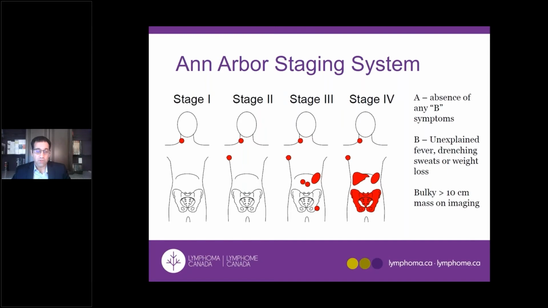If there is only one lymph node group on one side of the diaphragm, either above or below, we consider this stage 1. If we have two groups of lymph nodes only on one side, this is stage 2. Stage 3 means there is pathological lymph node enlargement on both sides of the diaphragm.